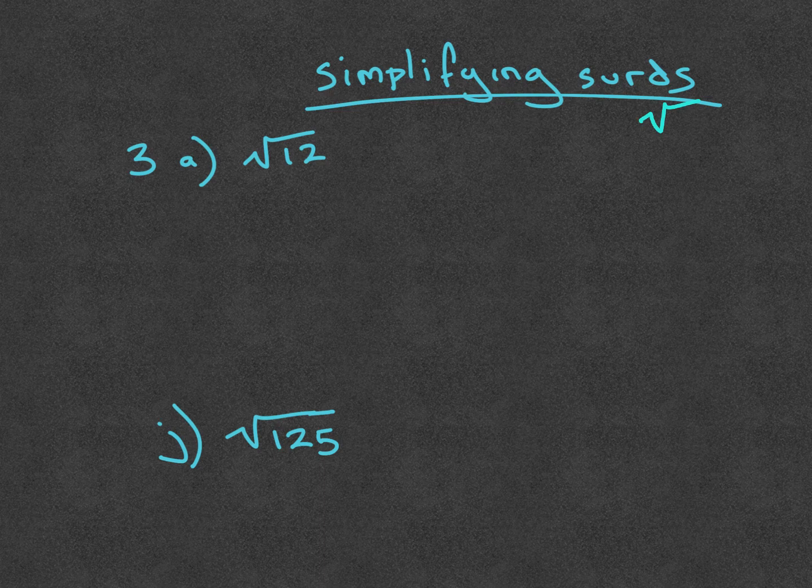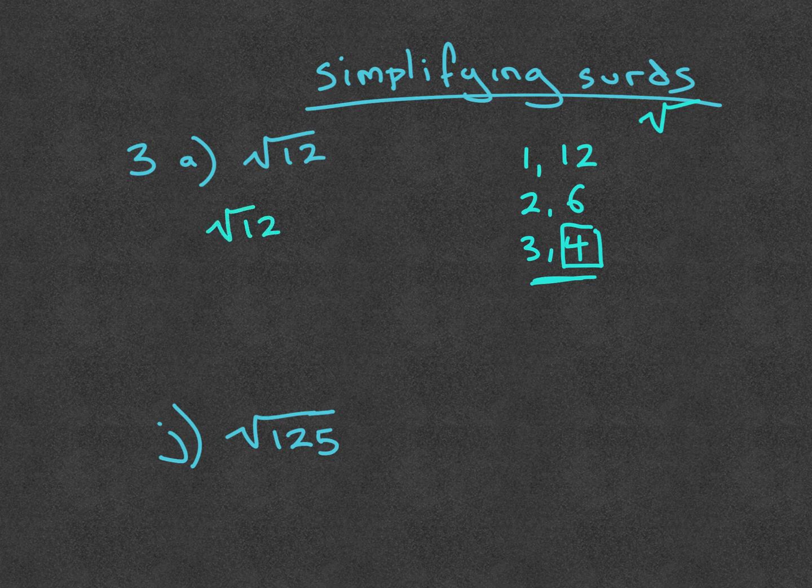So the first one here is we've got root 12. So this is where we need to look again at the factors of 12. So the factors of 12 are going to be our 1, 12, 2, 6, 3 and 4. And we're identifying again that factor that's the perfect square. And we've got 4 here. So that's the factor pair that we're going to be using to simplify this surd.